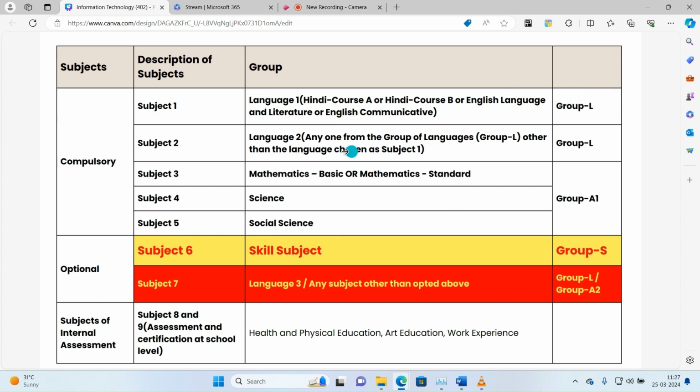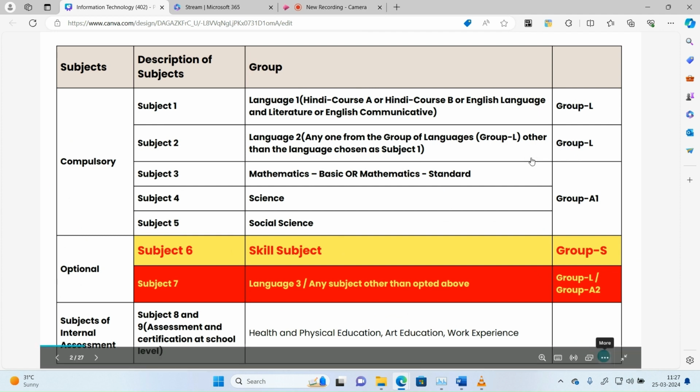Subject 2 is also a language, and it is any other language apart from language 1. So in our school we have Hindi course A, and it also comes under group L. We normally have Hindi course A and B, and in our school we have opted for course A. So these first two subjects are your languages.